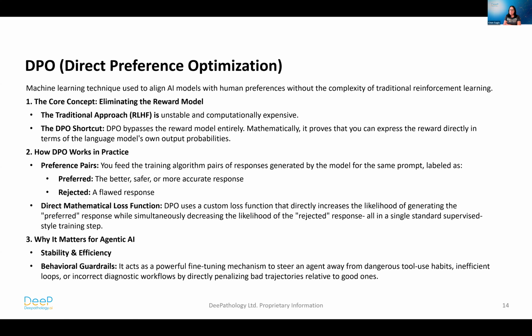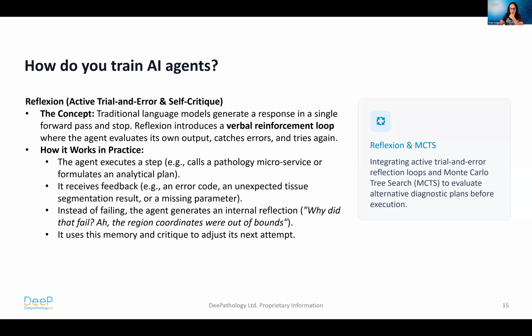This is another mechanism to find the best course of action for an agent, and it provides stability and efficiency, and again, it safeguards you and the algorithm when you look at an entire workflow.